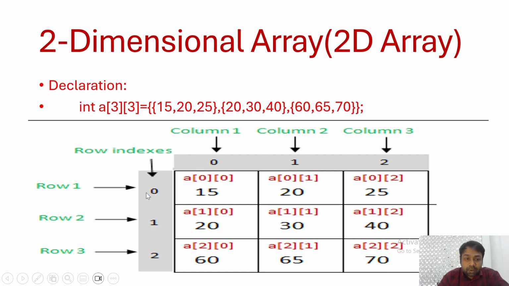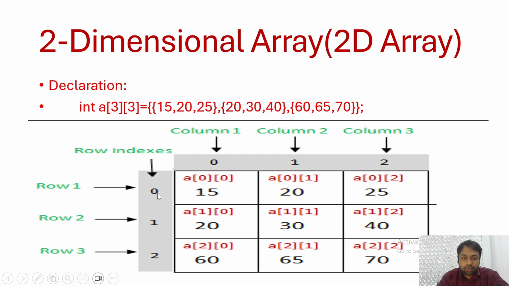So A of 0, 0: the first square bracket talks about rows, the second square bracket talks about columns. In the 0th row, 0th column, which element is available? 15. 0th row, first column, what is the value stored? 20. 0th row, second column, what is the value? 25.